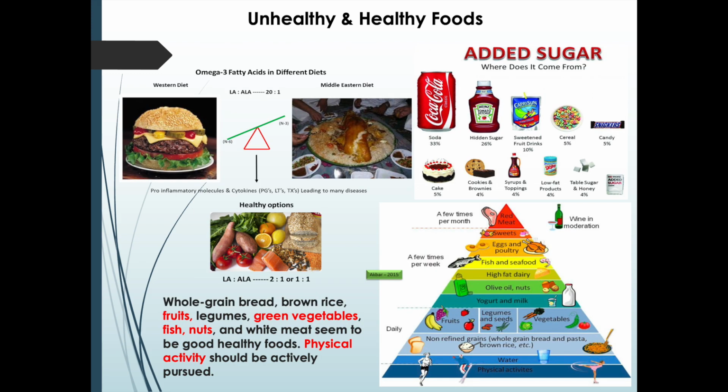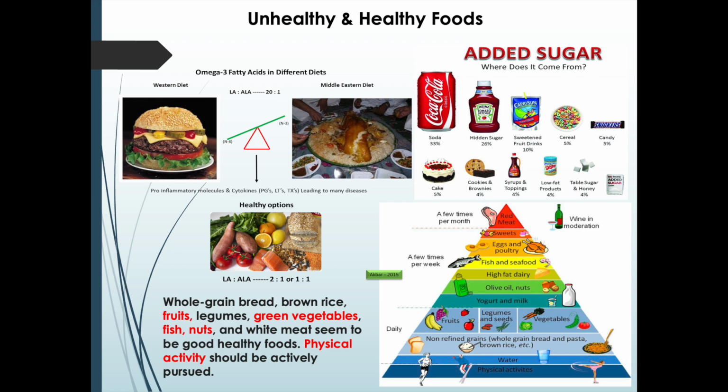And now, here I'm showing healthy and unhealthy foods: the Western diet and the Middle Eastern diet. In the Middle Eastern diet, omega-6 is high, and here also omega-6 is high, while omega-3 fatty acids are less. That's where the problem is.